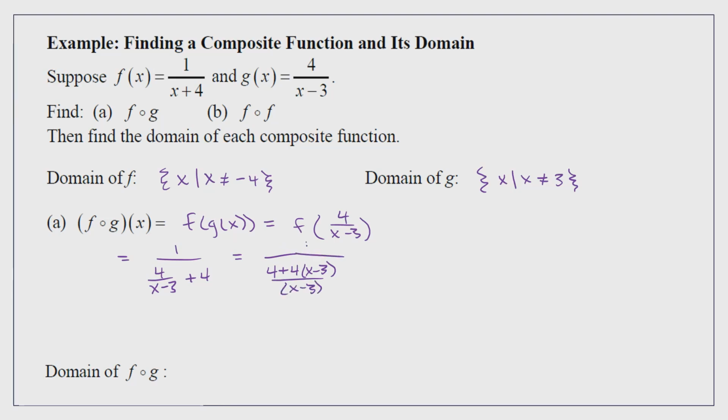So I have a complex fraction, and this can be rewritten as x minus 3 divided by 4 plus 4 times x minus 3. I can simplify my denominator: 4 plus 4x minus 12.